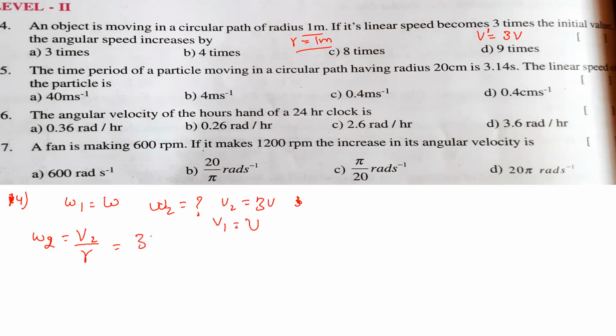So omega 2 is 3v divided by r, where v by r is nothing but omega. So we can replace this with omega. If the linear velocity increases by 3 times, then the angular velocity also increases by 3 times, or vice versa. So we can write option A is the correct one.